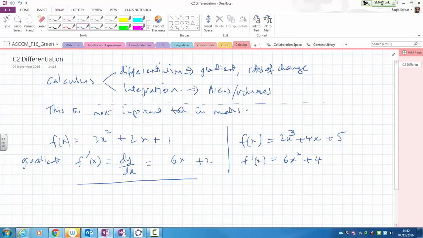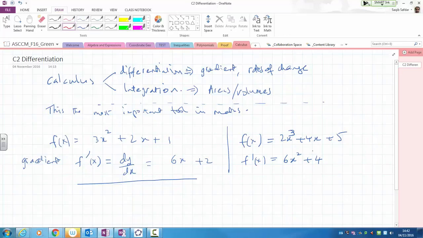Can anyone see a relationship between f(x) and f prime x? Is it, do you add the x cubed and squared with the 4x to get 6x?